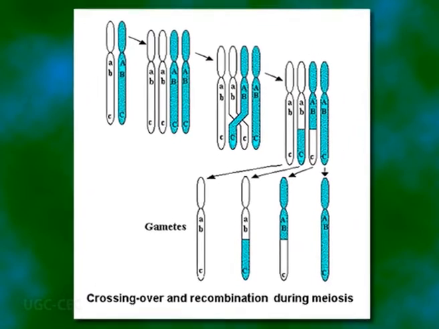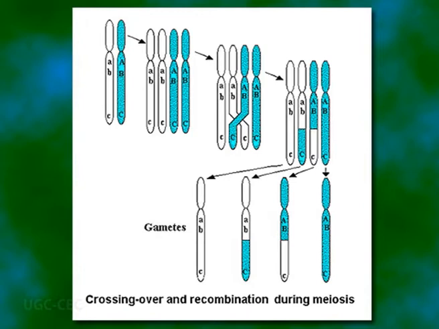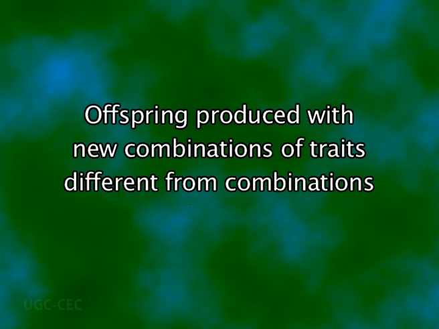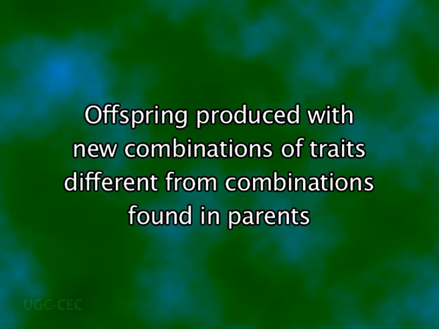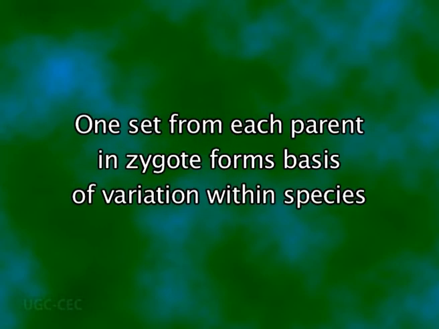Thus, the 4 cells, spores or gametes produced as a result of meiosis are all different. This produces offsprings with new combination of traits different from those combinations found in the parents, resulting from the events of meiosis and random fertilization. Secondly, the combination of 2 sets of chromosomes, one set from each parent in the zygote, also forms the basis of variation within species.